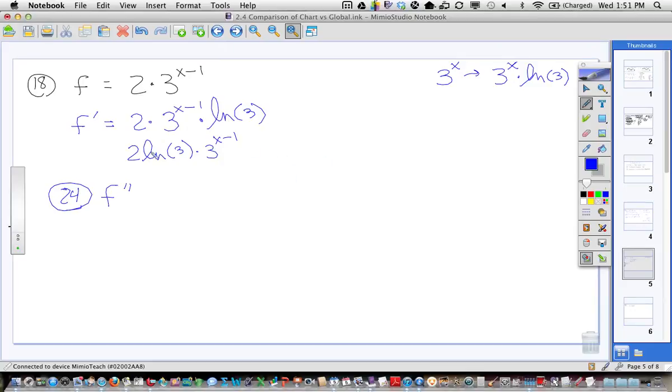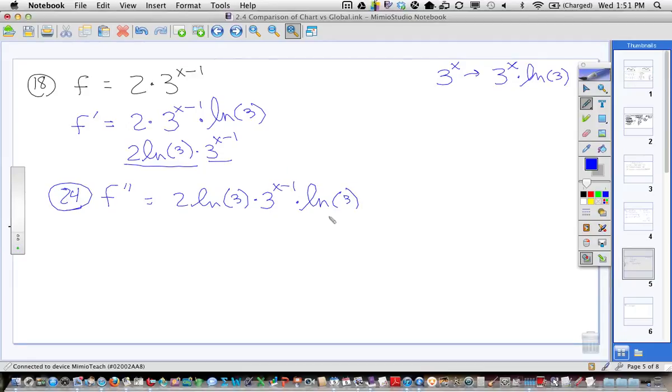So now I'm looking at this and I'm saying, well, that's just a number hanging out there in front. So that'll still be there. And now I have to do the derivative of that. Oh, well, we just talked about that. That's 3 to the x minus 1 and tack on another ln3. Now I'm fine if you leave it there.